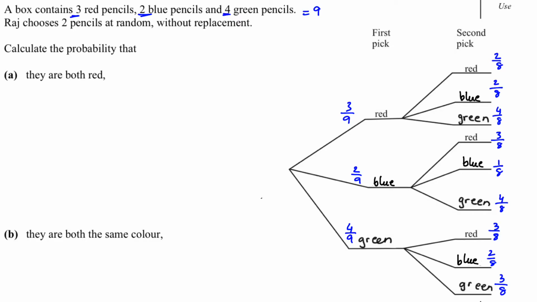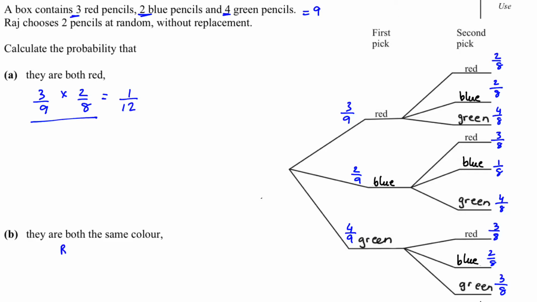For A, we need to find they are both red. So it will be 3 over 9 times 2 over 8. It will give you 1 over 12. If you understand the concept, you can do it directly, you don't need to do the tree diagram. They are both the same colors.